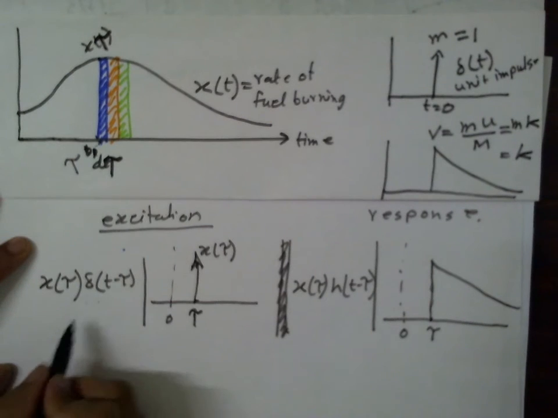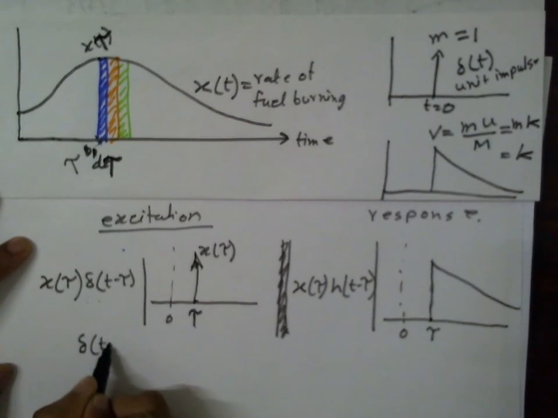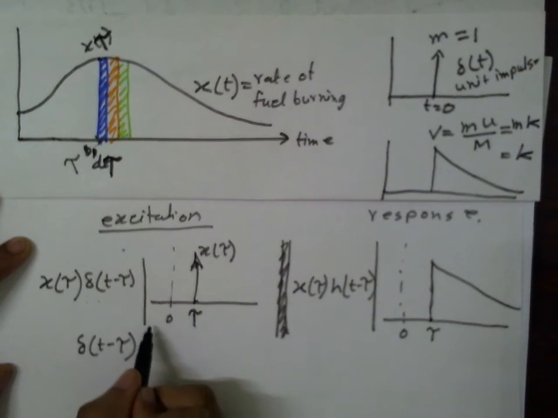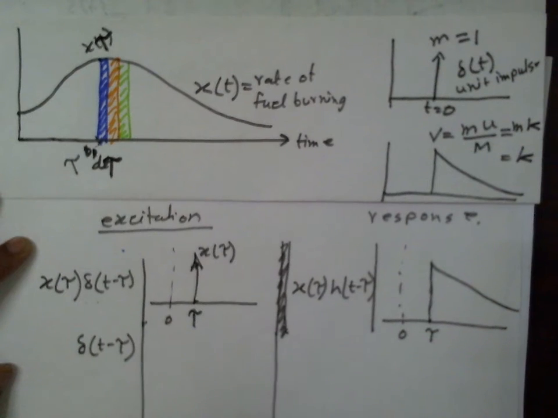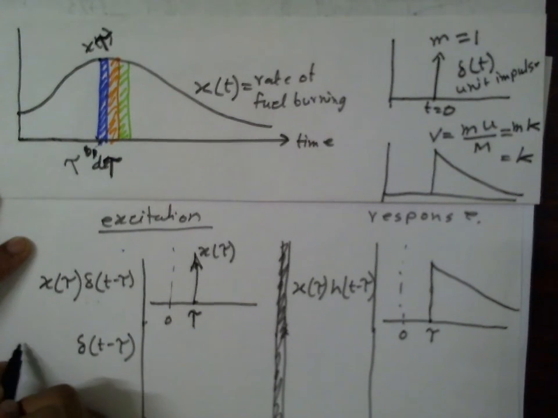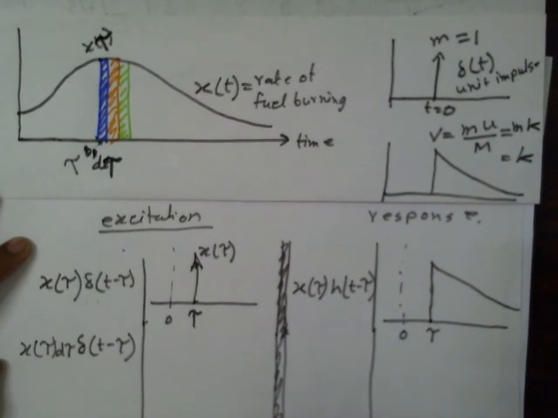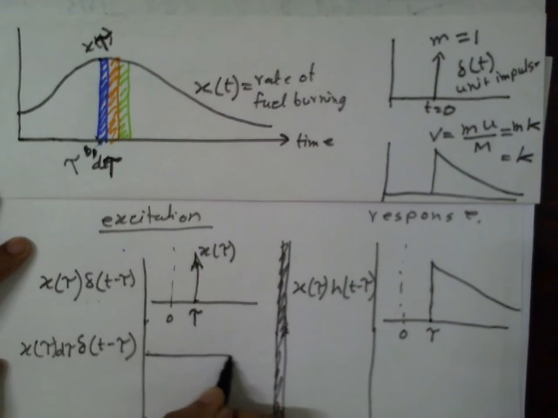So if I have an excitation which is an impulse function at t equals tau, with the value x tau d tau, then it looks like this.